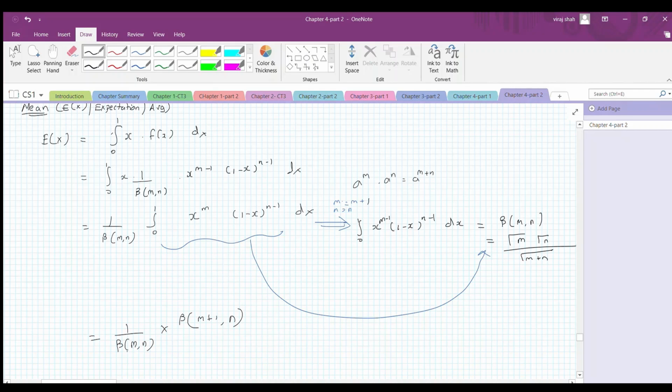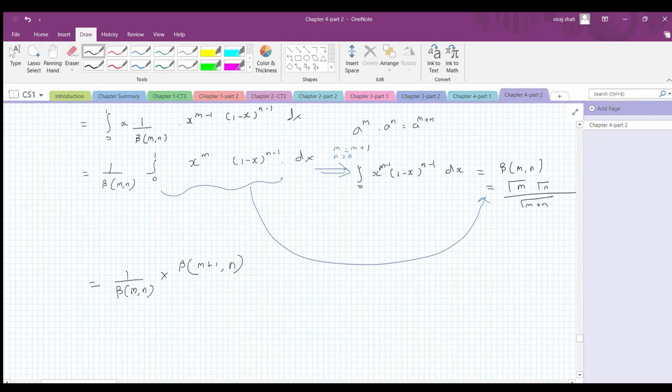Let me write the answer in the form of the gamma function. What is beta of m comma n? It is a straightforward formula I've been given. It is nothing but gamma of m, gamma of n upon gamma of m plus n, right?